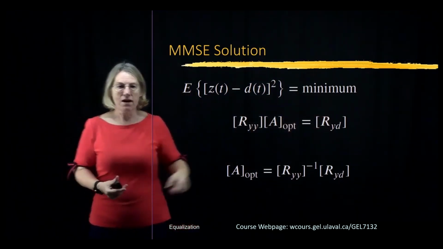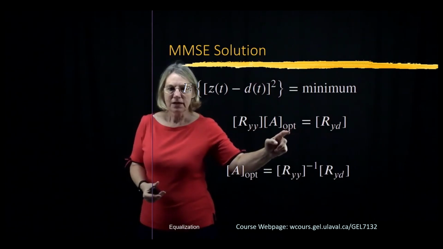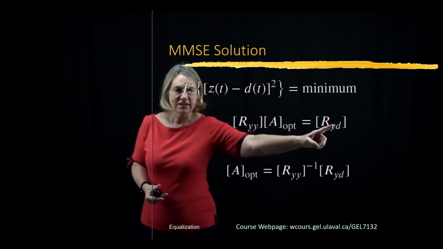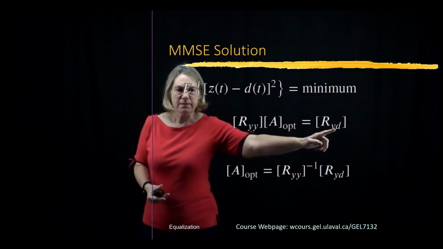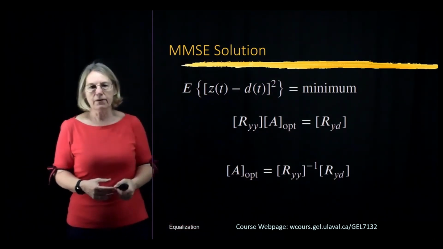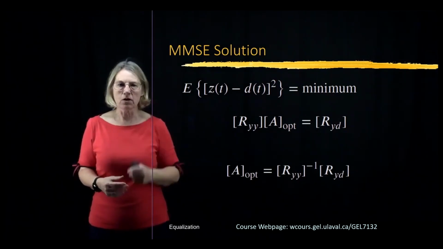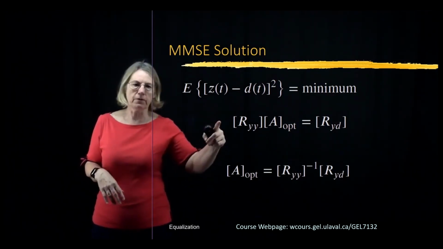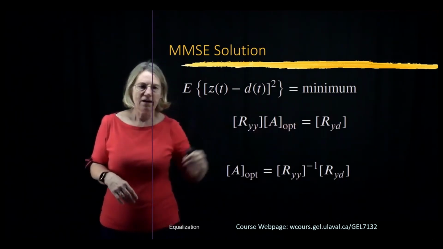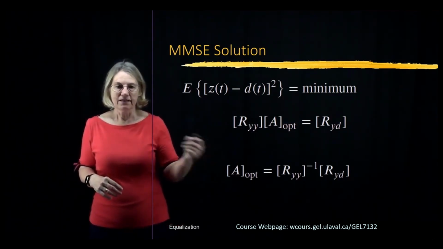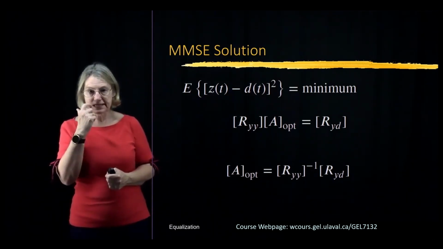This is where I say optimal, because this is trying to make it as close as possible to the true data. If I want to find the optimal coefficients, I just have to pre-multiply by the inverse of the autocorrelation matrix, and then I can find the optimal signal.